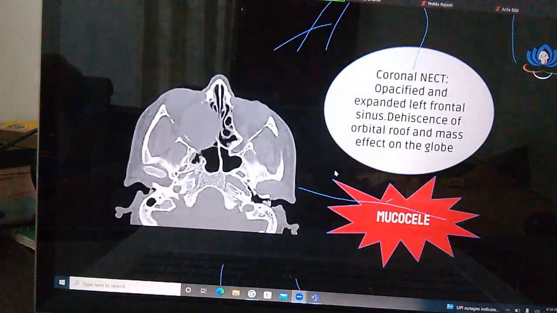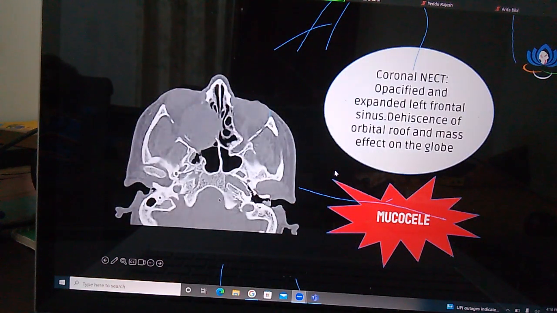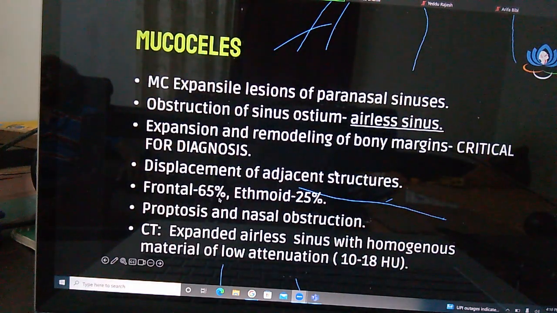So in this case, the orbital contents may get displaced. Usually these mucoceles are seen majority in the frontal sinus, about 65% of patients, and ethmoid in 25% of patients. I've seen mucoceles personally in very different locations.